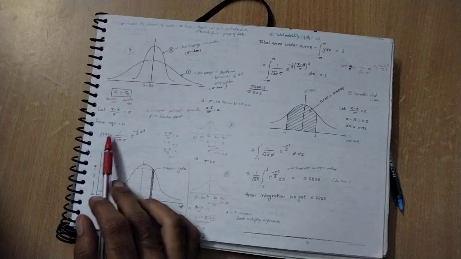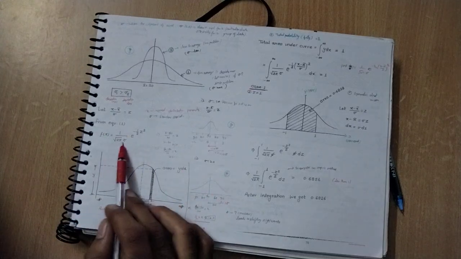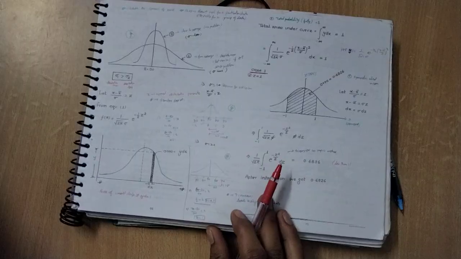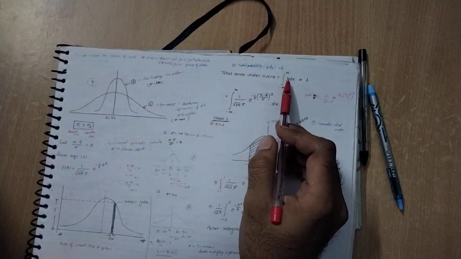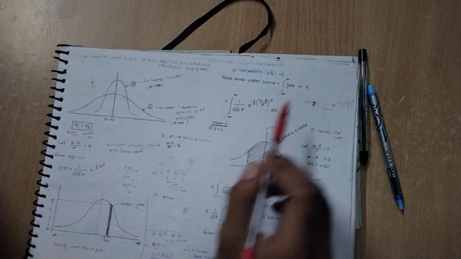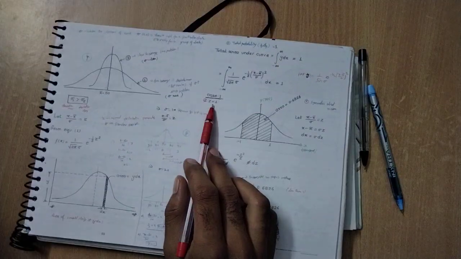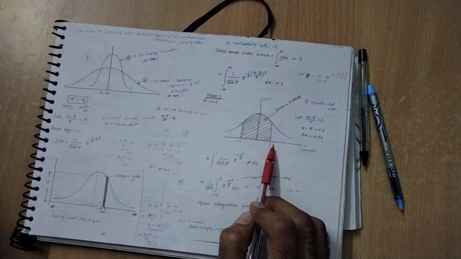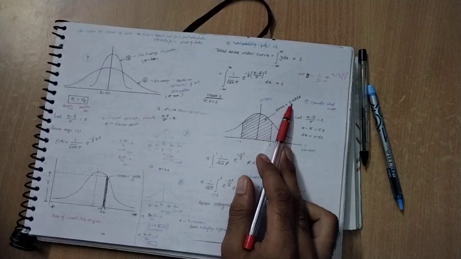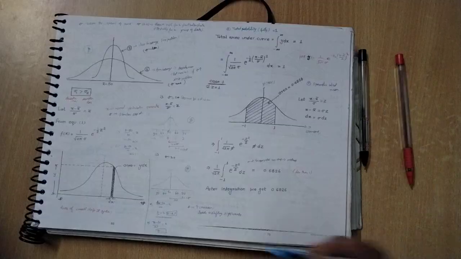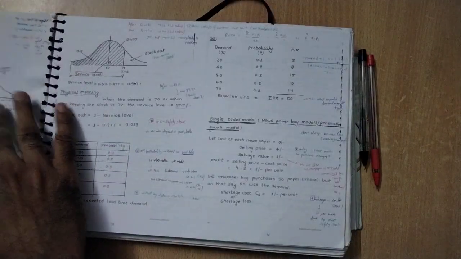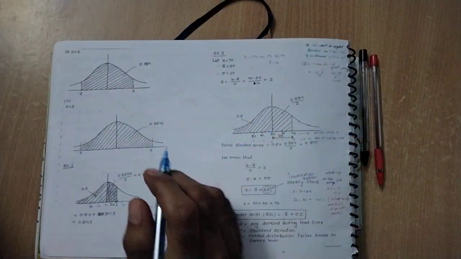Whenever you calculate f of x over the entire range, a certain value will come. It means the total area under the curve from minus infinity to infinity of f(x) dx equals 1. If z equals 1 comes, the area is 0.68.